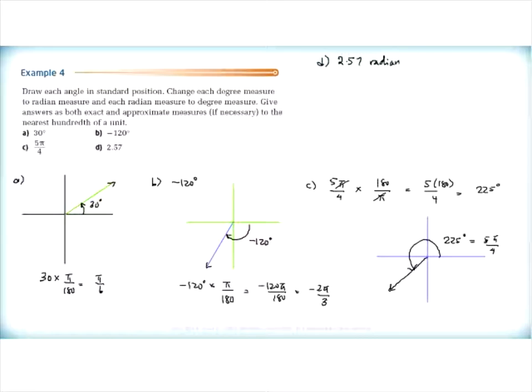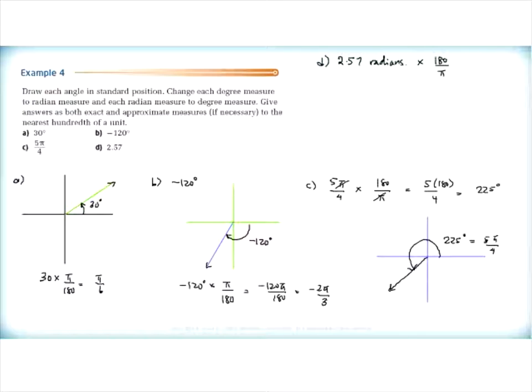The word radians is not written there, but we have to assume that is radians because there's no degree symbol. And again, we need to sketch the angle in standard position. Let's find out what it is in degrees first. If we're changing from radians to degrees, we multiply by 180 over pi. Now notice this time, the pi's cannot cancel.